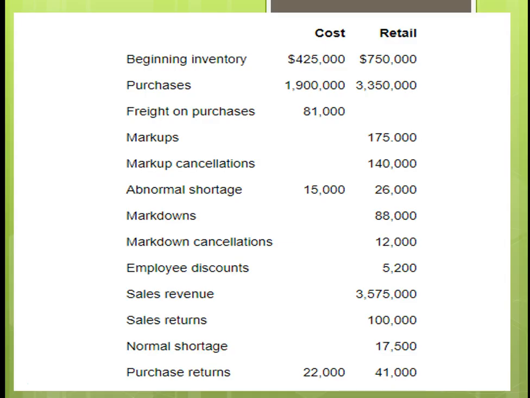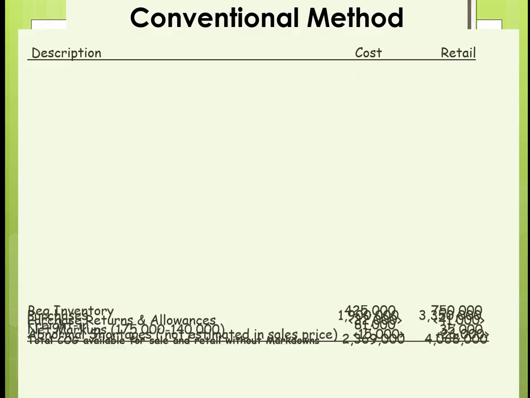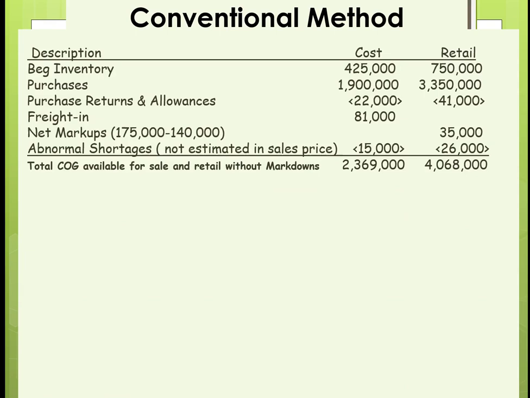Now we're going to do exactly the same problem. So again, we're going to start with beginning inventory, and we're going to subtract out all these items to get our total cost of goods available for sale without markdowns. And we're going to use that to come up with our percentage of 0.582.